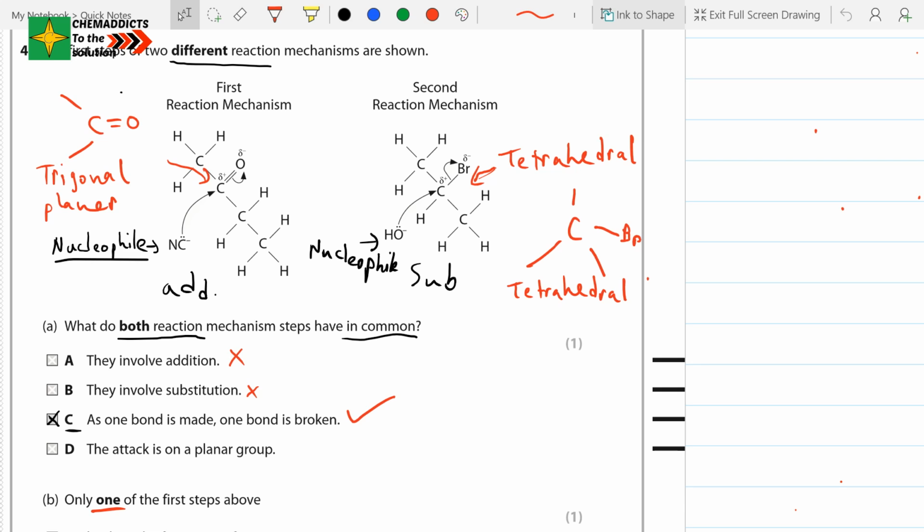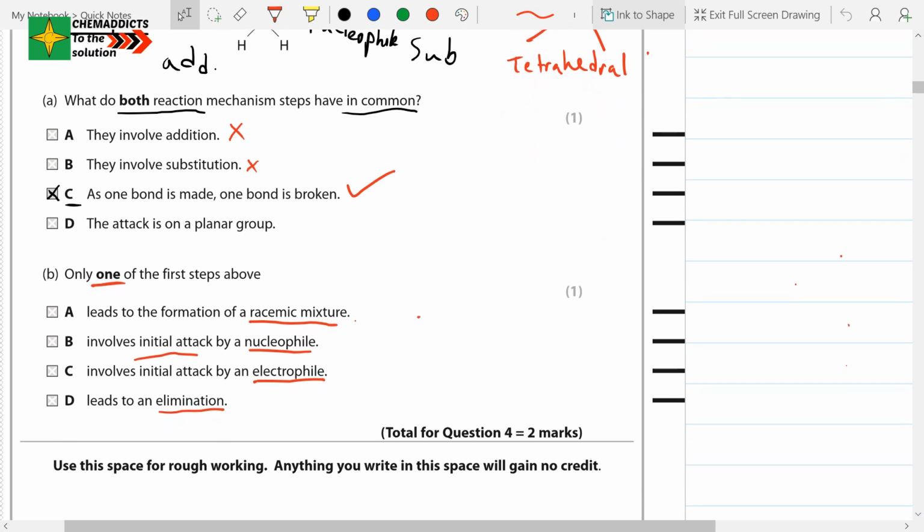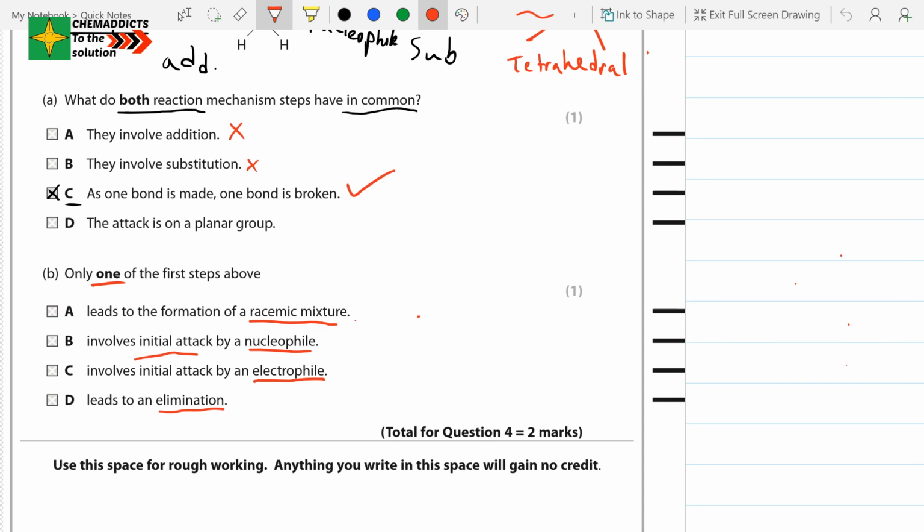Okay, so now we're gonna solve part B. In part B, the question says, only one of the first steps above: is it A, B, C, or D? Let's read the question.